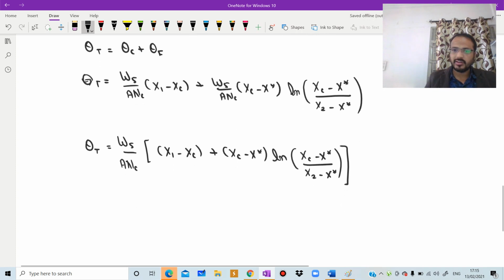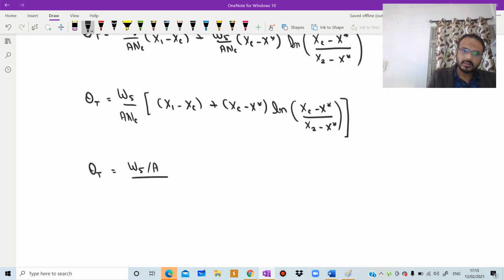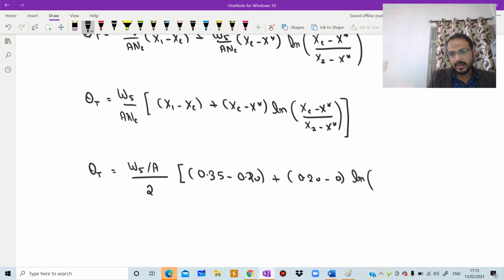Put all these values in the given equation. Theta t is equal to Ws by A, the value of Nc is 2, the value of x1 is 0.35, the value of xc is 0.20, plus xc which is 0.20 minus 0, ln of 0.20 minus 0 divided by 0.10 minus 0.